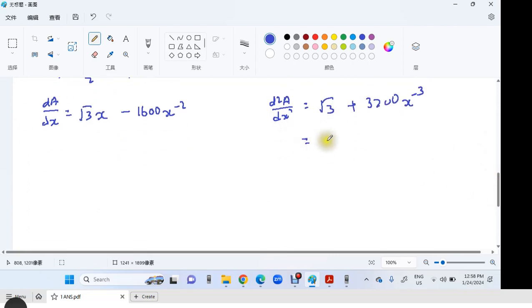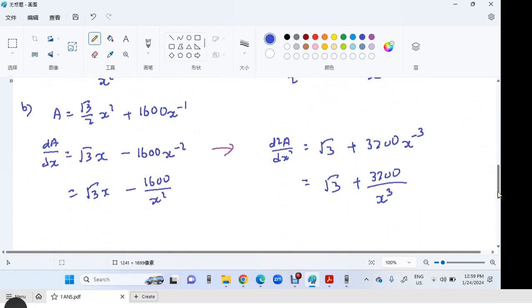We can rewrite this as 3200 over x cubed, and dA/dx is square root 3 x minus 1600 over x squared. Normally after I get this, I will straight find the second derivative, which will be easier.